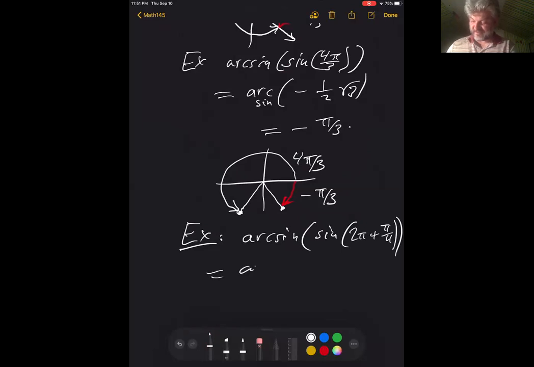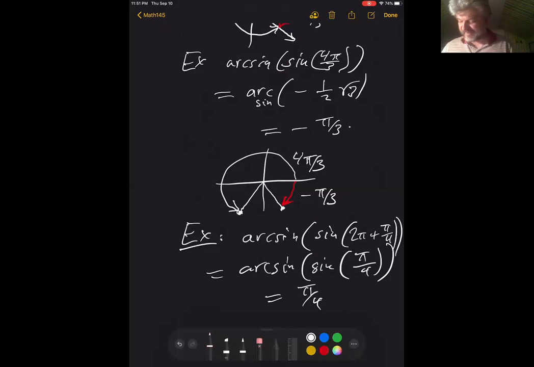And you just say, okay, subtract those 2 pi, because the sine has period 2 pi. And then we're in the interval where we want to be, where it works, just without any further complications, and we get pi over 4 as the answer. All of these denominators are supposed to be 4 in this example.